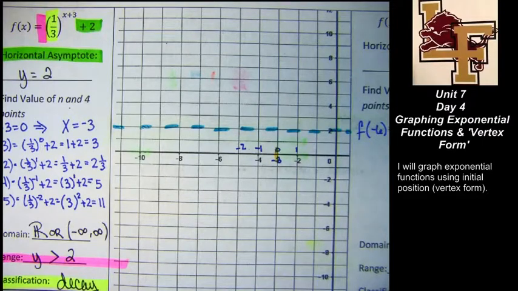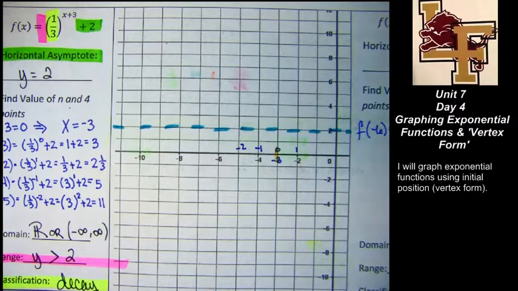It's a dashed line because it's not really there. That line doesn't exist on the graph, but I need to be able to see it so I know where the wall is so I don't smack into it with my function.